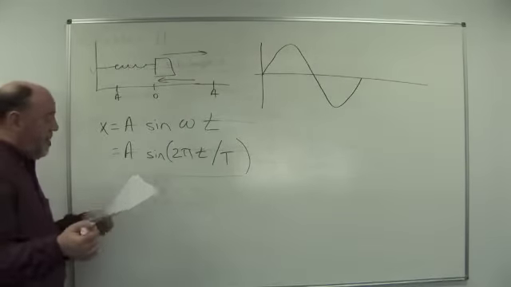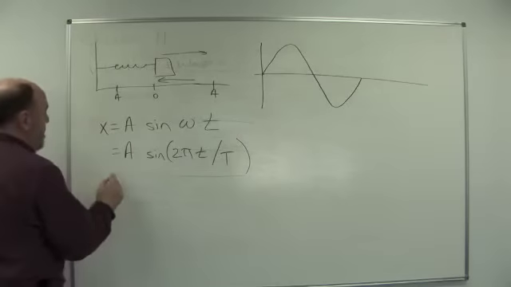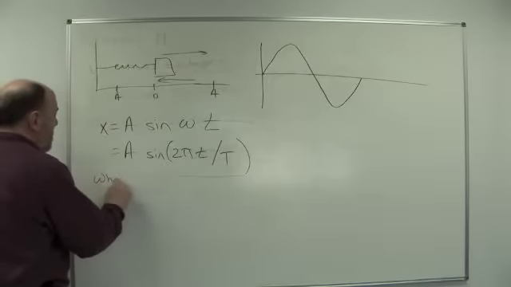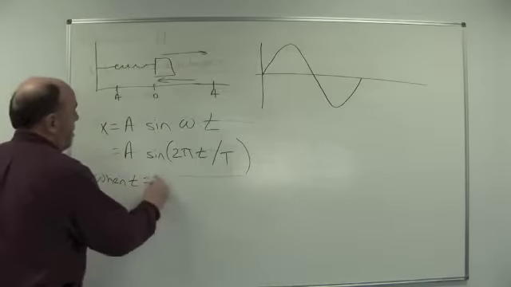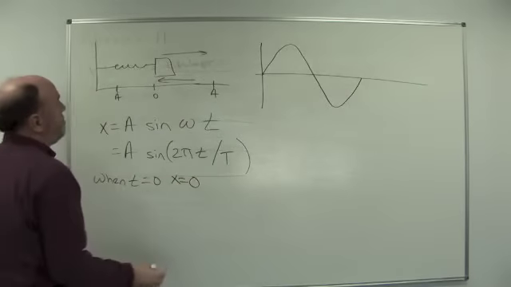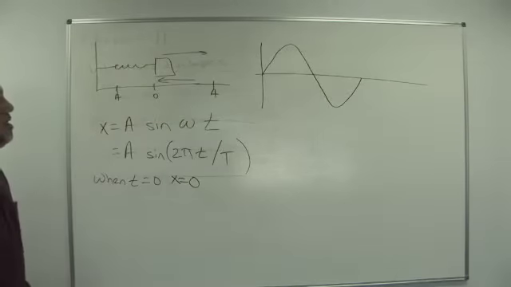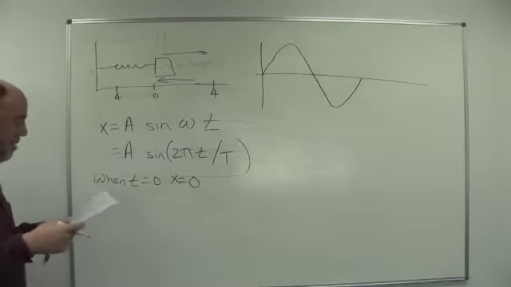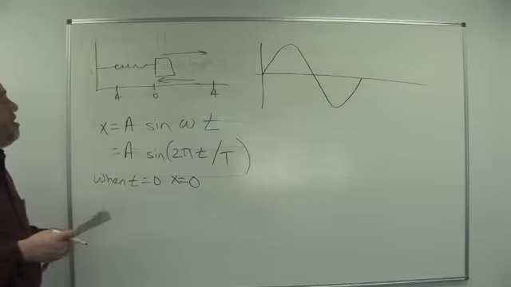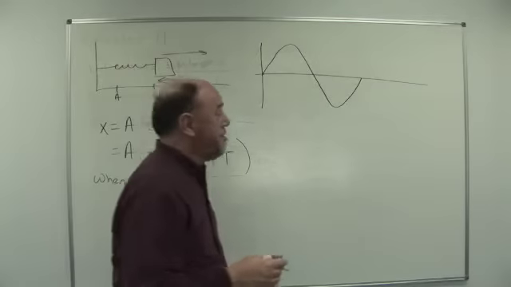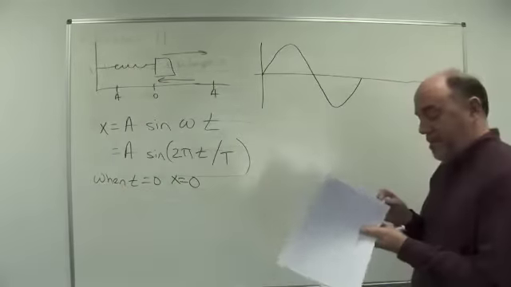We use this equation when t is equal to 0 and x is equal to 0. Like here, my block was starting at 0, I then started out that way, and I get a sine wave.